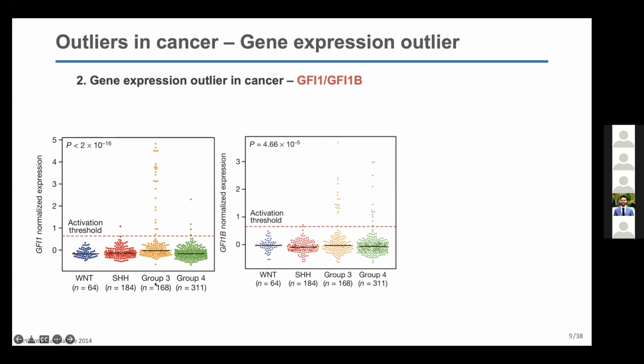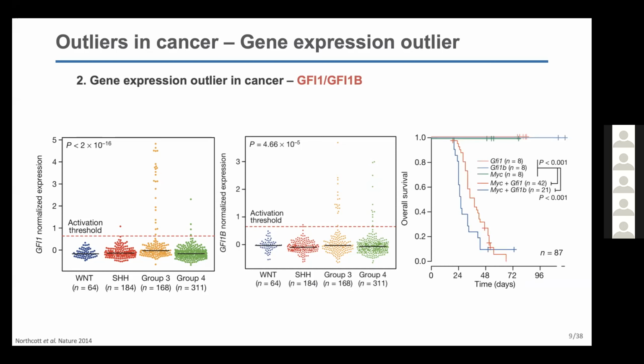Medulloblastoma has four subtypes, and groups 3 and 4 have a worse outcome. You can see a very small subset of the patients in groups 3 and 4 have abnormal, extreme GFI1 and GFI1B expression. And if those genes are co-expressed with MYC, they have a really poor outcome.